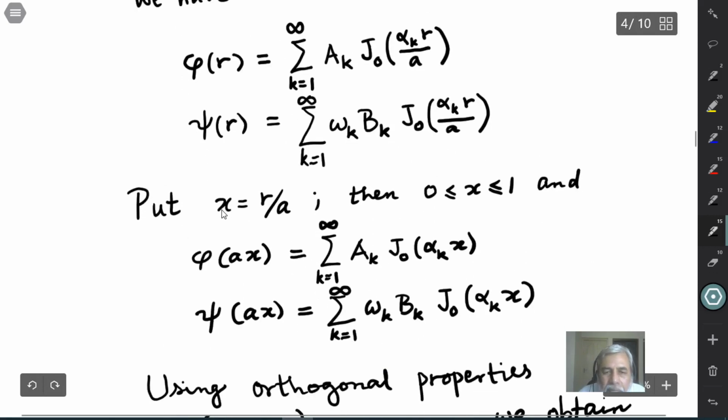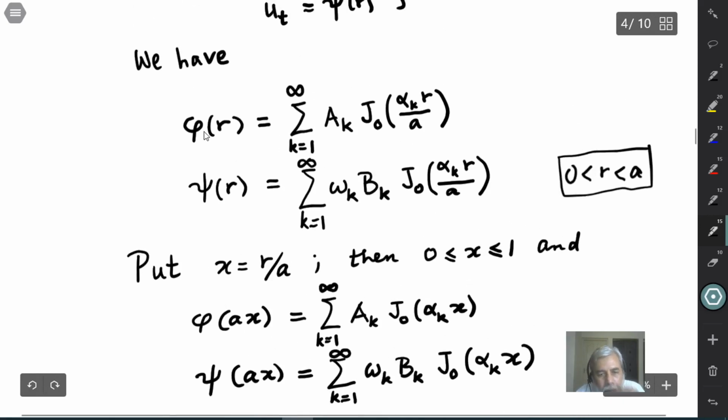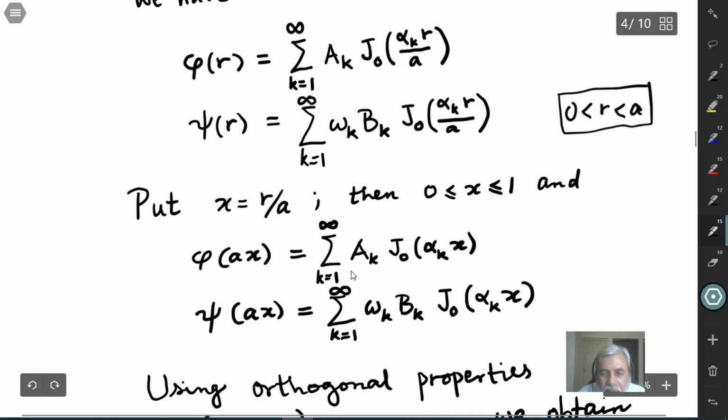We put x equal to r by a, so that x belongs to 0 to 1, and now you substitute r equal to ax in this expression. So we have phi of ax equal to the sum of ak J0 alpha k x, since r by a is replaced by x, and similarly psi of ax is the sum of omega k bk J0 alpha k x.